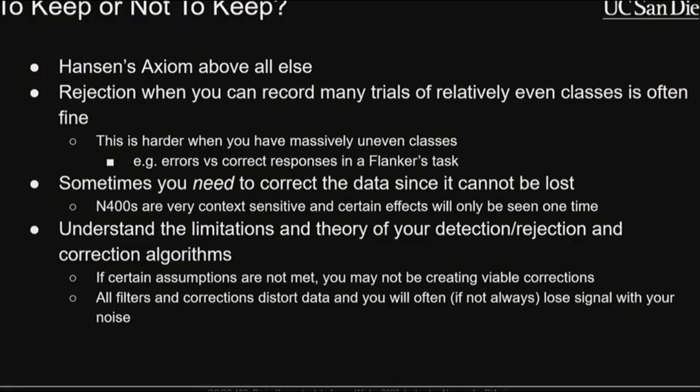So for example, you could use simple voltage thresholding, which can be very easily utilized in real time, to see if a trial had some large blink or muscle movement or something, and then just keep track within your program, okay, this is how many good trials I have so far, and just stop experimentation once you have the correct number of good trials in each class that you need.